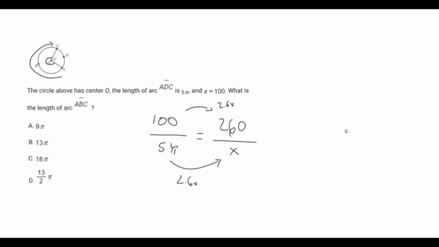And so here we can just do 5 times 2.6 pi, and that's the same thing as multiplying 5 pi by 2.6. So 5 times 2.6, that will give us 13, right? And then we can just add the pi next to it. So we get 13 pi as our final answer.